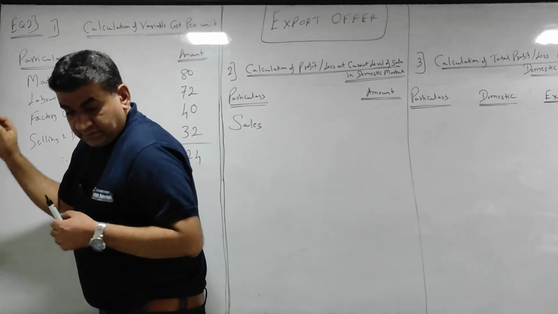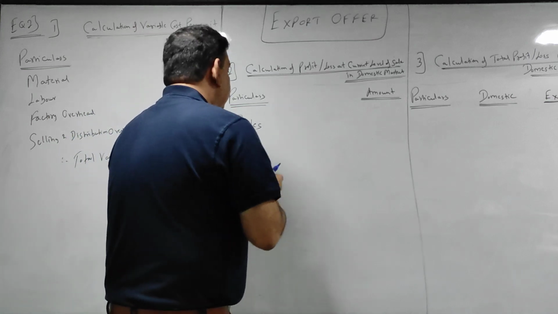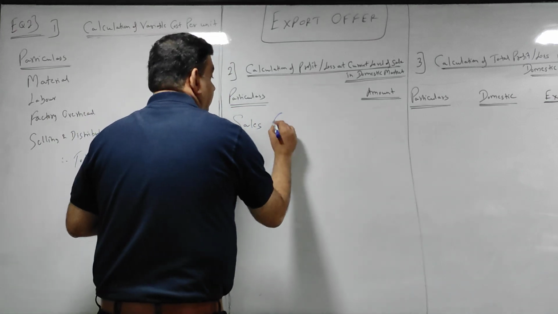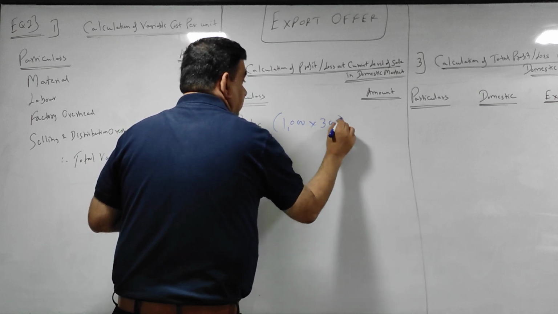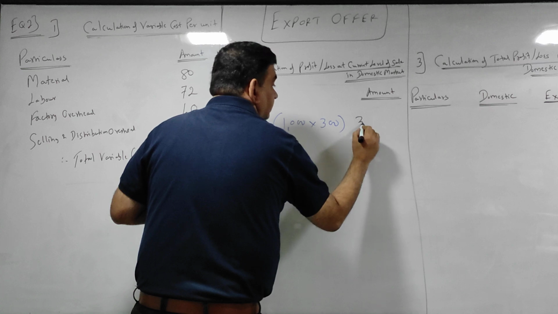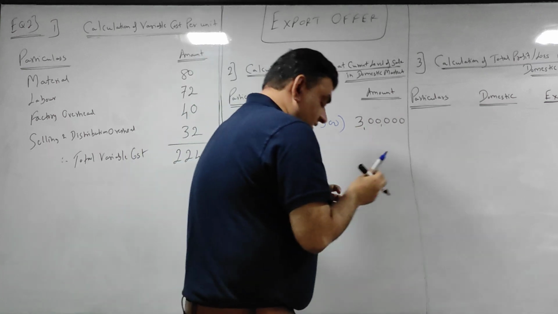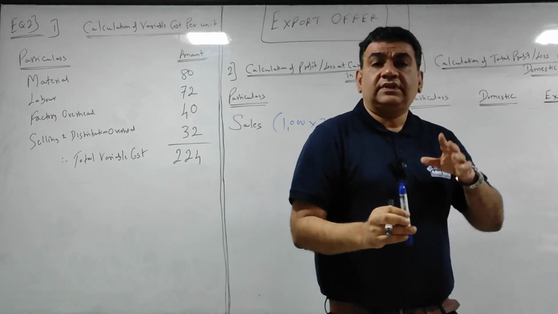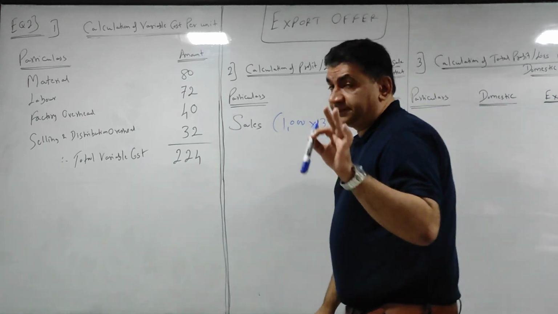What is my sales in the domestic market? I am selling 1000 units at what price? 300. So can I say my sales in the domestic market is 3 lakhs? My sales in the domestic market is 3 lakhs.